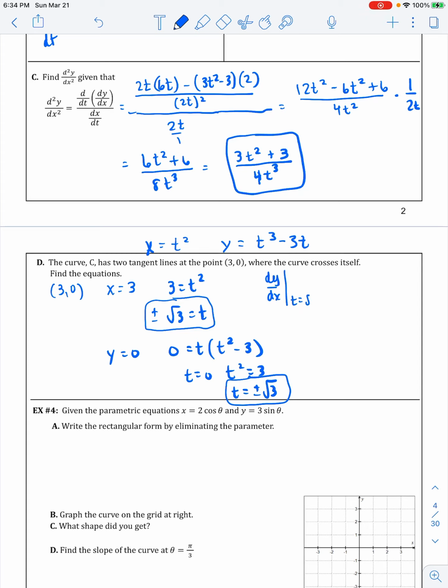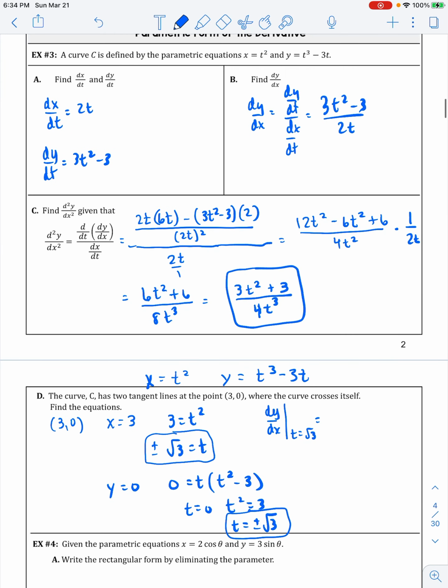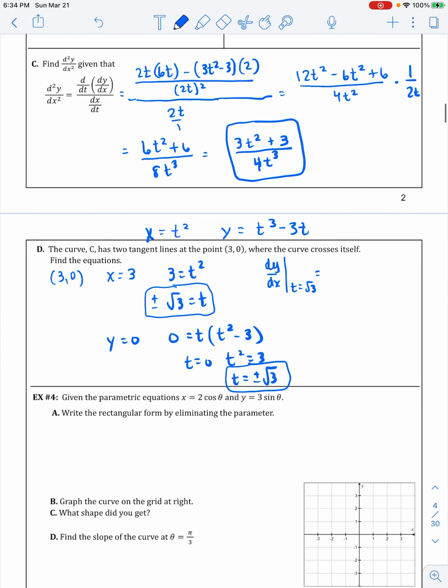So I'm going to do the positive square root of 3 first. The slope of our tangent line was 3t squared minus 3 over 2t. So 3 times the square root of 3 squared, minus 3, over 2 times the square root of 3.